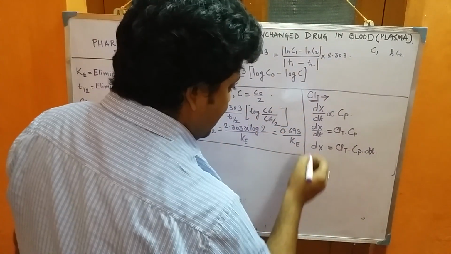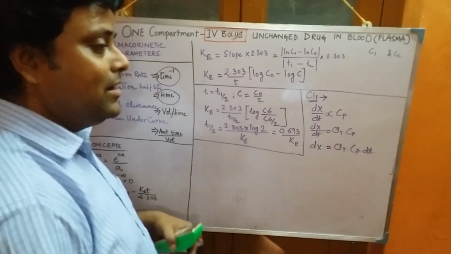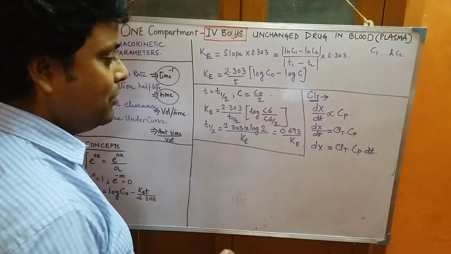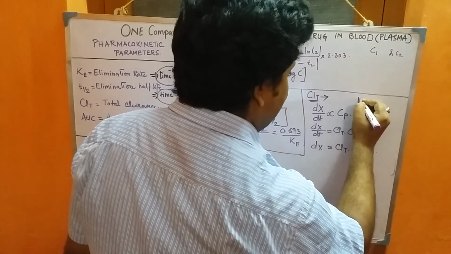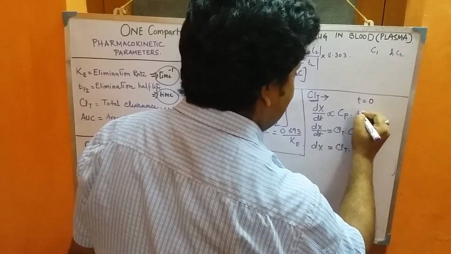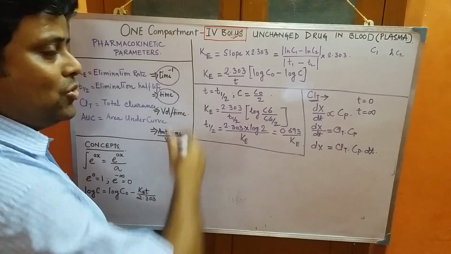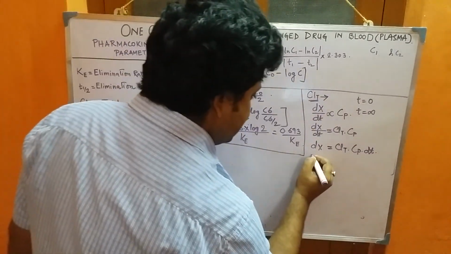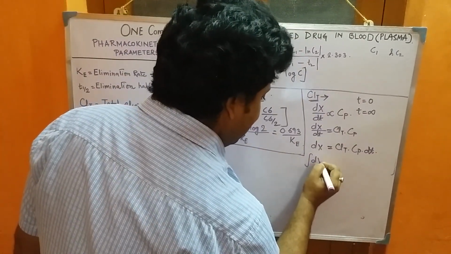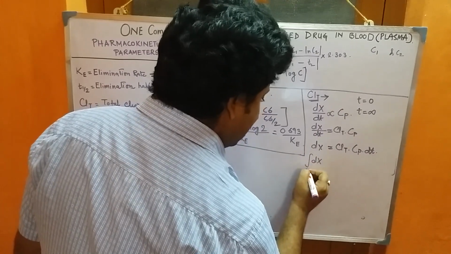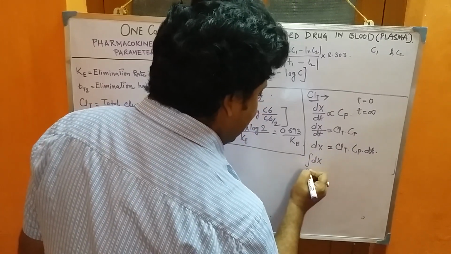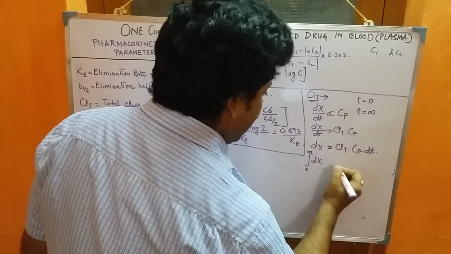Now we will try to see the integrated value of the total value within the time range t equals 0 to t equals infinity. So this says the total time range. If we say integration, actually we are saying within the time range how much amount of the drug is eliminated totally.